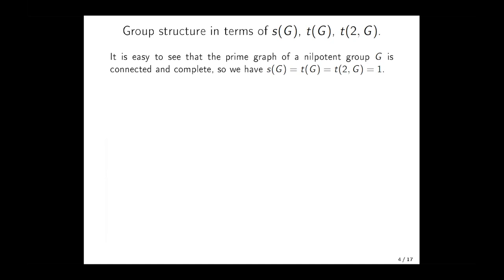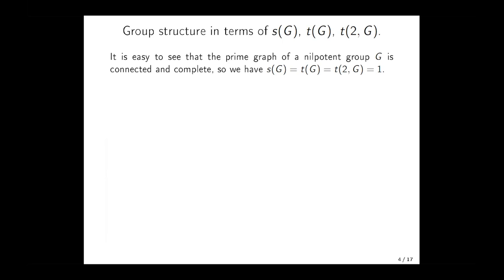Suppose that we are given any nilpotent group. As you may know, every nilpotent group is a direct product of its Sylow subgroups. If you take any element from a Sylow subgroup, it will centralize the other direct factors. As I said, the existence of an element of order p that centralizes coprime elements means that vertices p and q are connected.